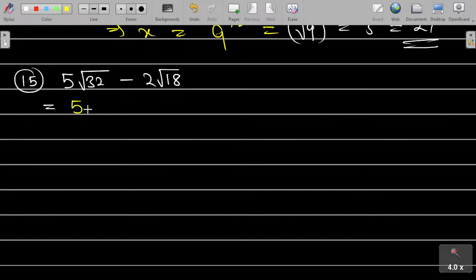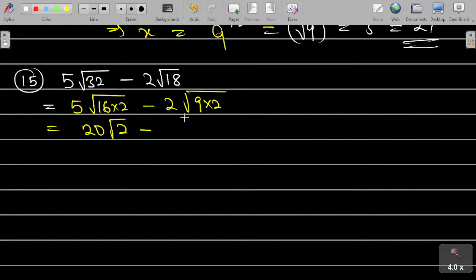This can be written as 16 times 2, while this one can be written as 9 times 2. You bring out this 16 by taking its square root, and that will give us 4. That 4 will come out, and when it does, it will multiply 5. So we'll have 20 root 2 minus, the same thing will happen here.